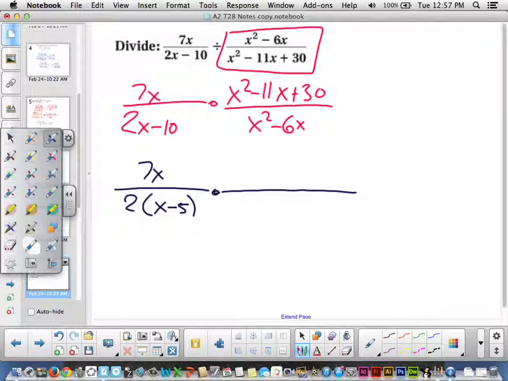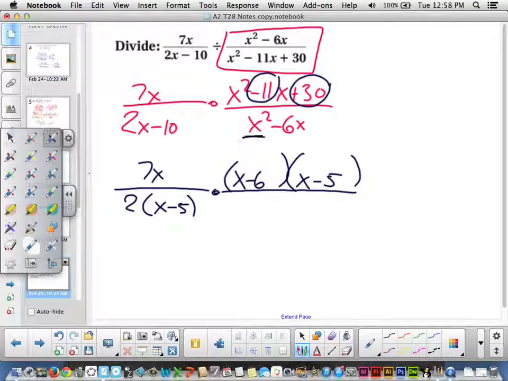Over here on the right one, what multiplies to 30 and adds to negative 11? Well, that would be x minus 6 and x minus 5, because negative 6 times negative 5 is positive 30. Negative 6 plus negative 5 is negative 11. Here we're looking at common terms. We're going to pull out the x, and we're left with x minus 6.